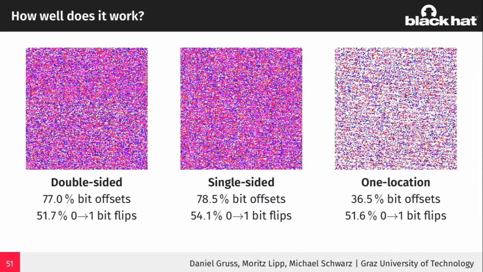The distribution of 0 to 1 flips and 1 to 0 flips are illustrated in red and blue. You can see that they are approximately 50-50 in all cases. In the case of double-sided hammering, after 8 hours, we had 77% of the bit offsets covered, with single-sided a bit more, with one location half as many.